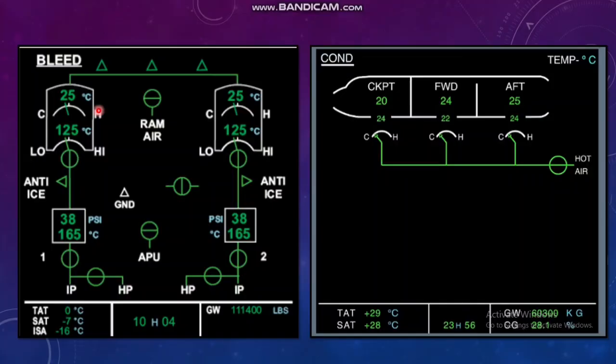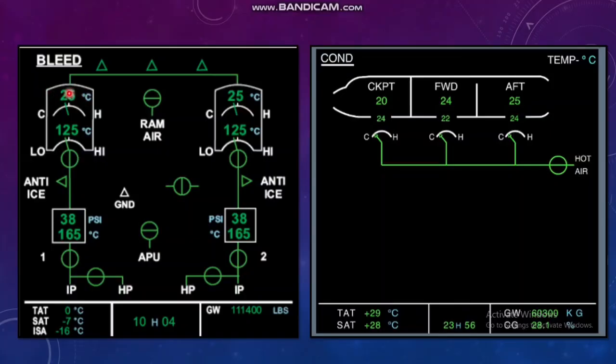If you are coming to this page, this is basically the three-way mixer unit. Cold air will go to the mixer unit, and this is for the emergency ram air inlet, which is available near the pack 1 area, and this is your pack outlet temperature.